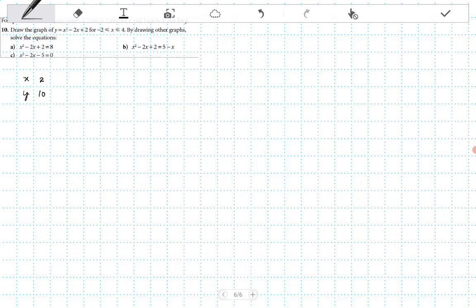Remember, whenever you are substituting the value -2, use a bracket first, then (-2) whole square, then -2 times (-2), then +2. The answer is 10.